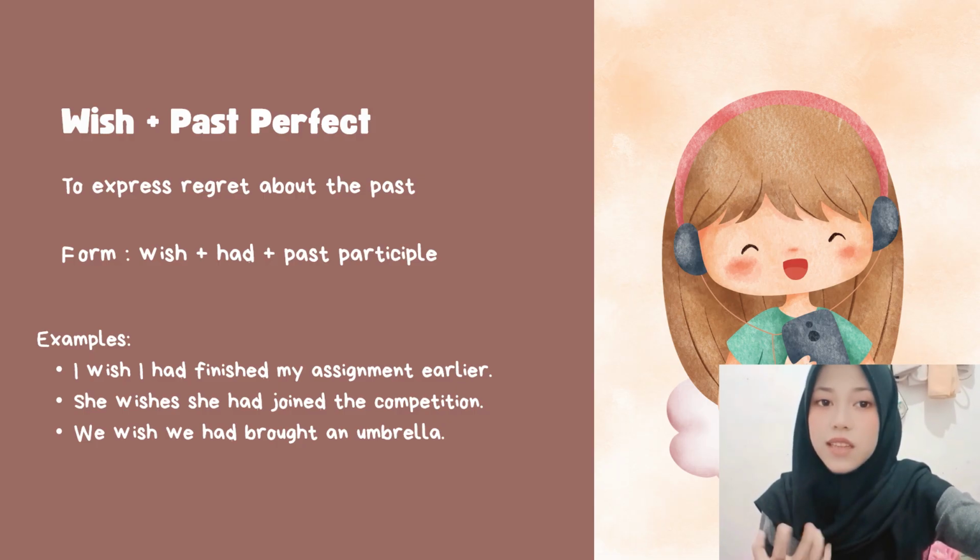Next, she wished she had joined the competition. But actually she didn't join and now she feels sorry about it. And another example, we wish we had brought an umbrella. And unfortunately it rained because they didn't bring the umbrella. So this form focuses on things that cannot be changed anymore.